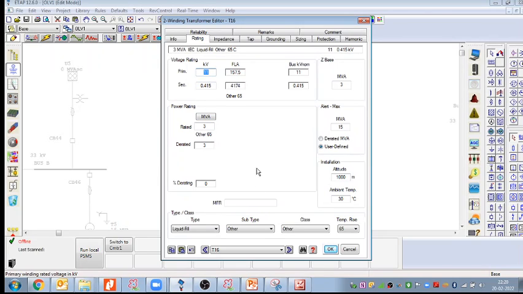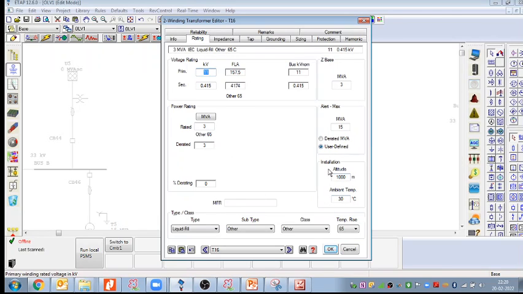And here we can see my installation height is 1000 meter, and ambient temperature 30 degrees Celsius. If I change my installation height, the altitude here, what is the power rating? 3 MVA rating, and derated is 3 MVA. There is no derating. Percentage derating is 0% right now. So this trafo is designed for these conditions.